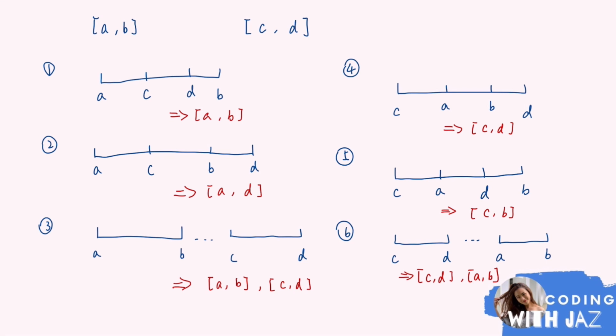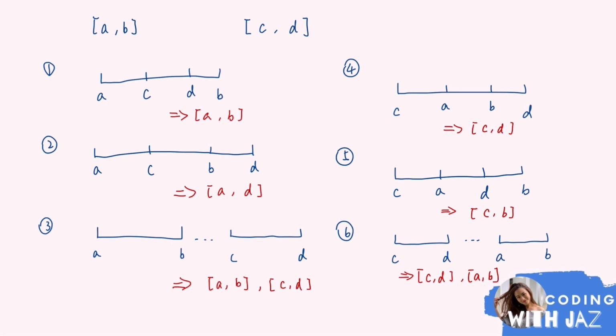And on the right-hand side, scenarios 4 to 6 are based on the condition when the starting point of the second interval is less than the starting point of the first interval. So let's think about whether there is a way to simplify this situation a little bit.